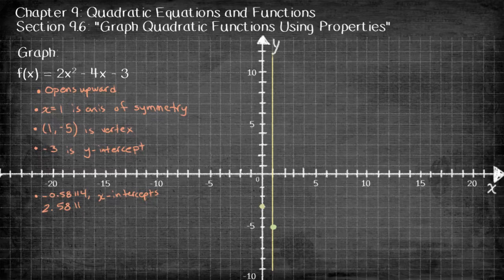And then the approximate x-intercepts are -0.58114 and 2.5811. So we just do our best, eyeball it. And there we have our graph.